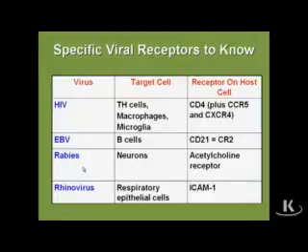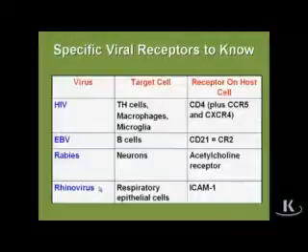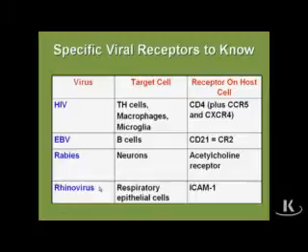So these are some of the receptors that you really need to have a good idea of. And the last one that's listed there are the rhinoviruses, which clearly target the nasal mucosa, and the majority of them, probably over 85%, actually utilize the ICAM receptor. Okay? So as you're studying some of the stages in viral replication, it's also a very good idea to know what some of the receptors are.